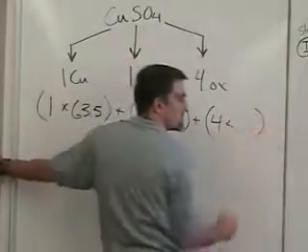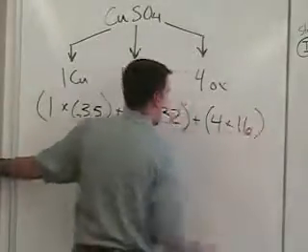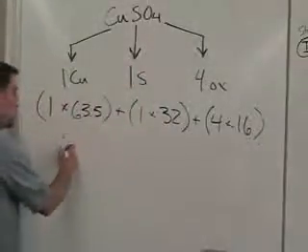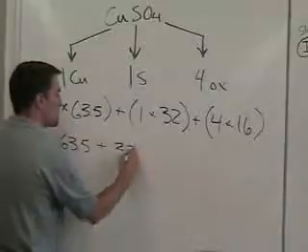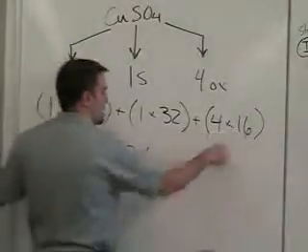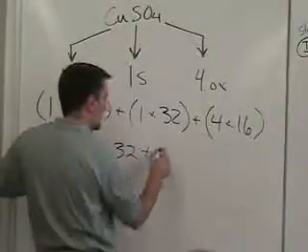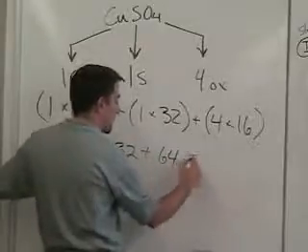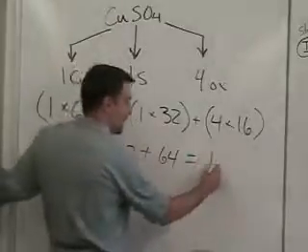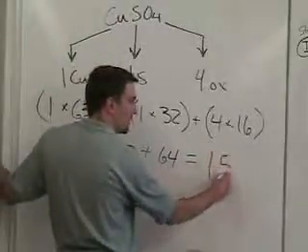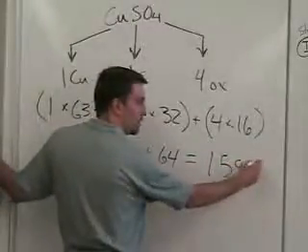What's its molar mass? 16. Okay, 1 times 63.5 is 63.5. Plus, 1 times 32 is 32. Plus, 4 times 16 is 64. I add that together. I get 159.5.